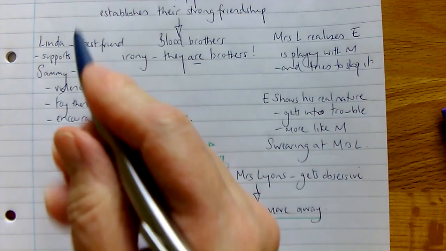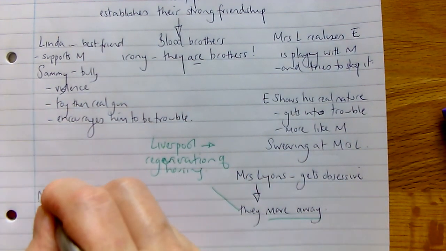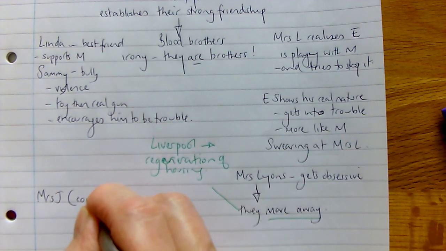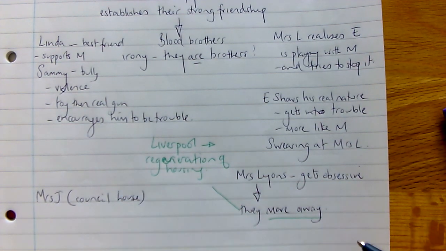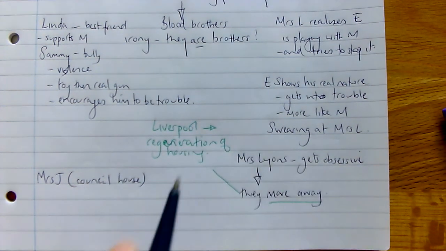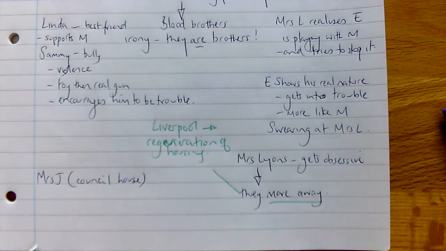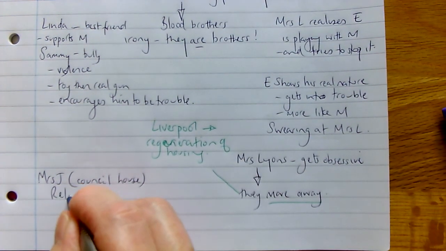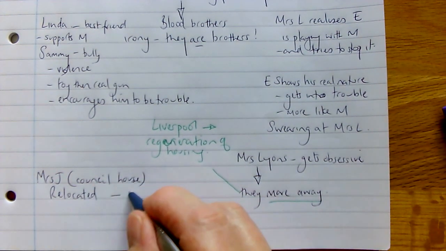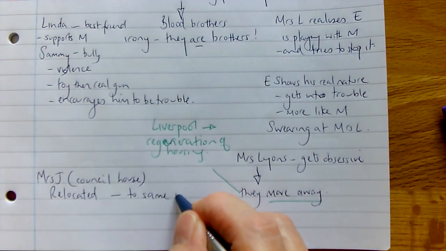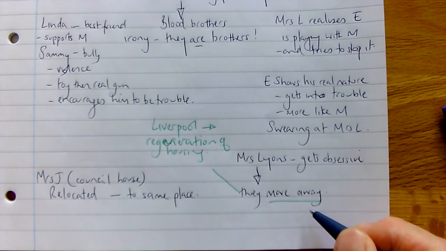Unfortunately, at the end of Act 1, Mrs. Johnson, who is in a council house, provided housing rather than something that they bought themselves, Mrs. Johnson in that situation is also relocated, and ironically to the same place as Mrs. Lyons.